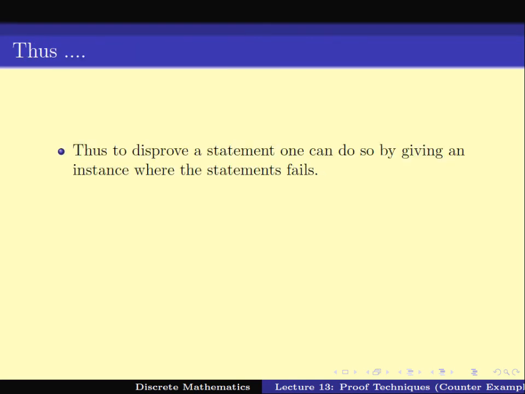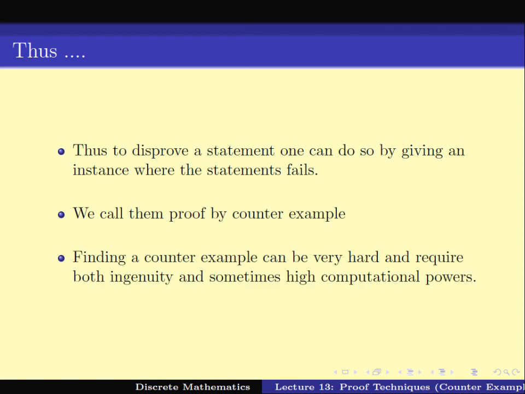Thus, what we can say is that to disprove a statement, one can do so by giving an instance where the statement fails. We call this proof by counterexample. And finding a counterexample can be very hard and require both ingenuity and sometimes very high computational power.